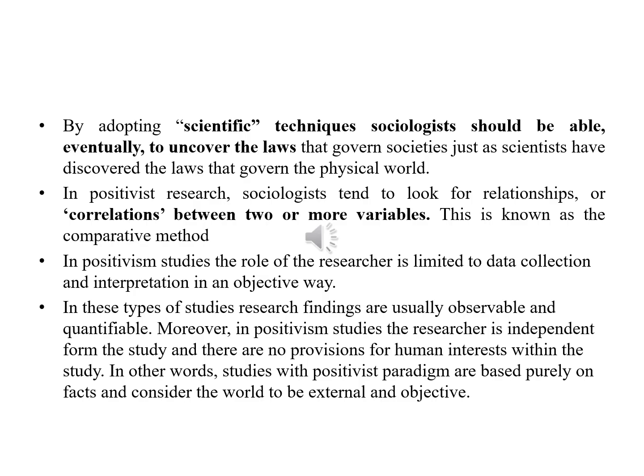Now, the fourth point: in these types of studies, research findings are usually observable and quantifiable. These two words are important. Observable means something that you can study through evidence or observation.